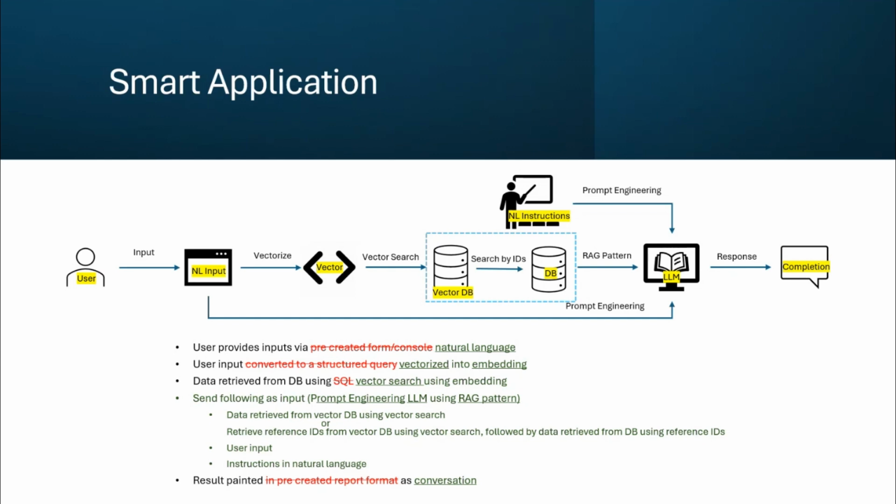So, for example, let's say you have a legacy application built on SQL Server on-premise, and you do not plan to move that database completely to the cloud. Then how do I do a vector database?